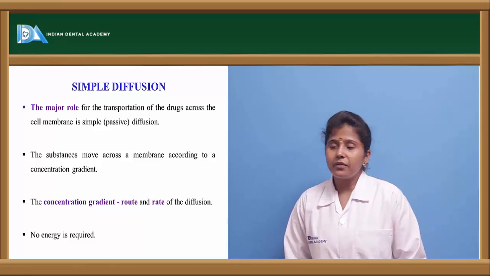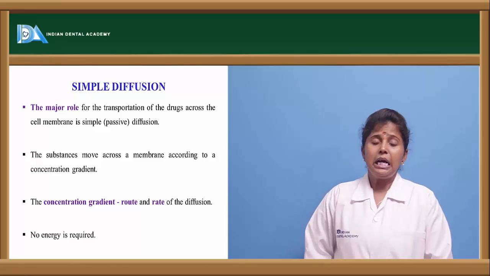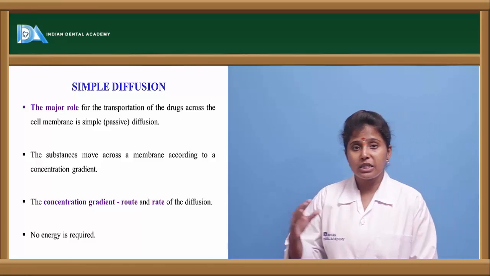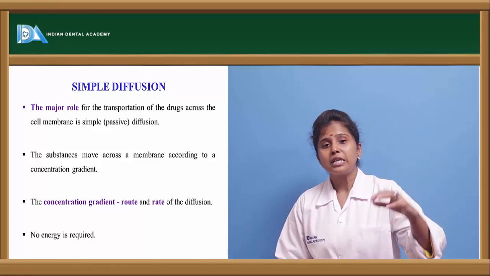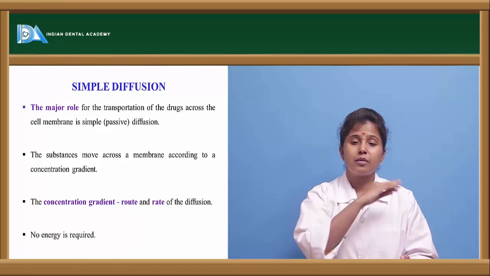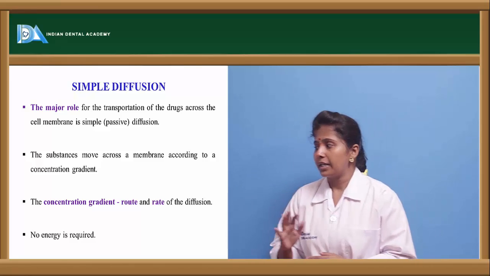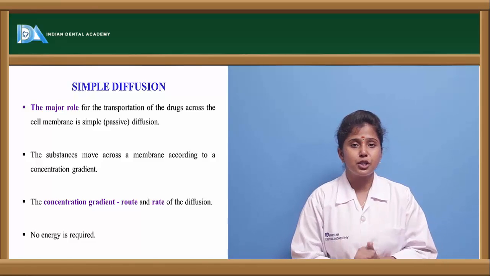First, simple diffusion or passive diffusion. Most of the absorption takes place through simple diffusion, where the drug is transported directly into the plasma membrane without any carrier, and the substances move across the plasma membrane based on the concentration gradient.